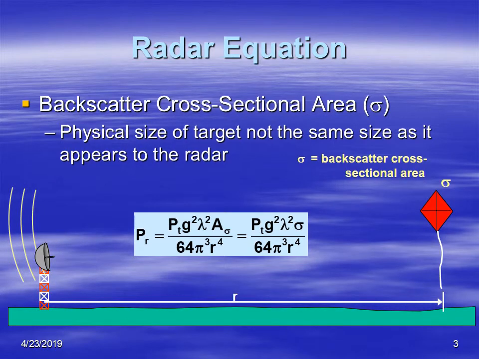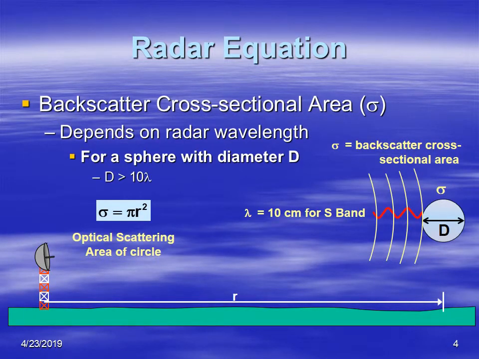Now we've got to talk a little bit about how the radar wavelengths are scattered by objects in our atmosphere. It depends upon how big the objects are. Are they the size of a dirigible or a blimp, or are they on the order of an aerosol particle or even a cloud droplet?